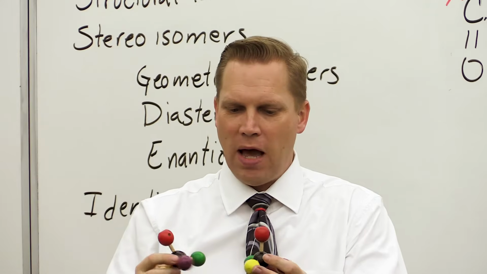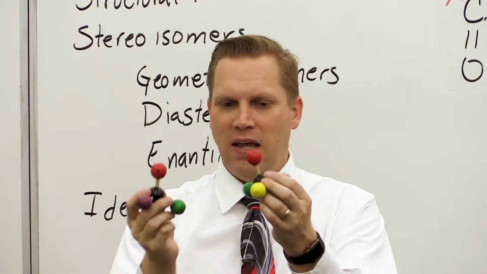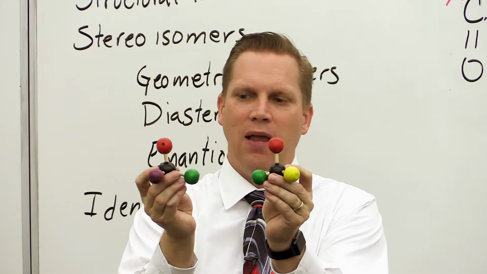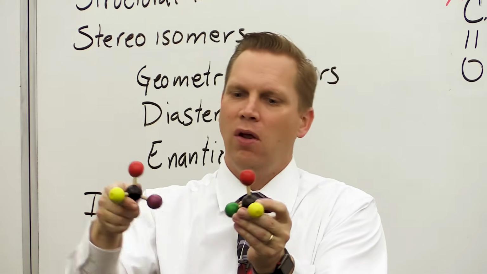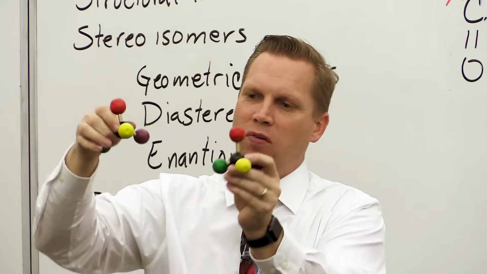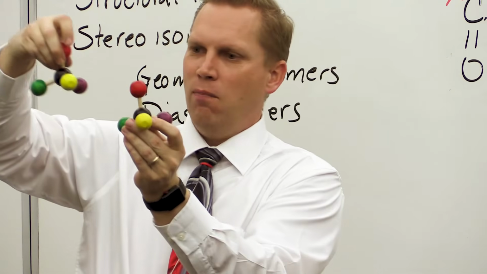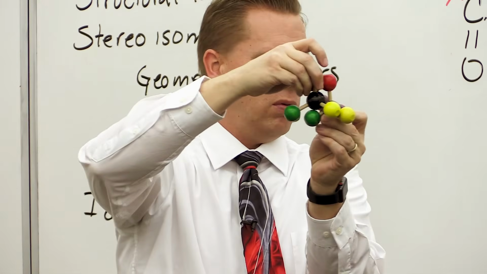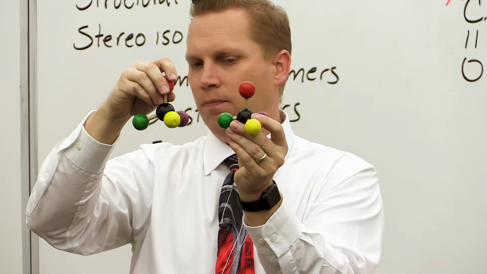These 2 have the same bond pattern on them, the same rotation around that carbon. What that means is they're superimposable. You can see I can orient these 2 so that if I could merge them, they would exactly overlap each other. That would be what we would call the same orientation.